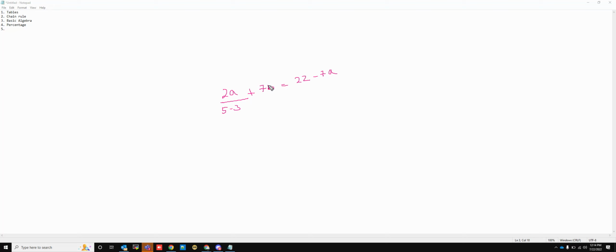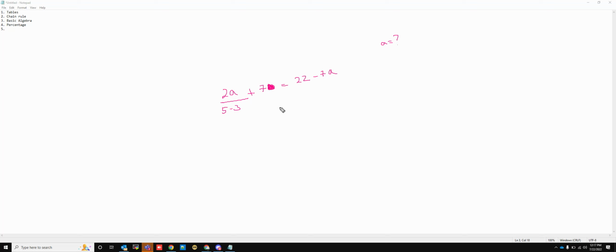Okay. Now this is how it is. You have to find the value of a. Now for simplicity, we'll take off the b here. Okay. And then try to find the value of a here. Let's try to solve this problem.